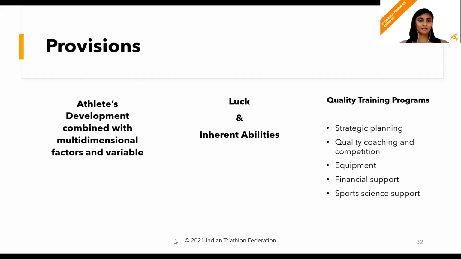We have already done our initiation with the government. Hopefully, once we identify maybe 4 male and 4 female, or maybe 6 athletes, we will certainly send them for international events, especially the mixed relay event, or sprint distances or Olympic distances.